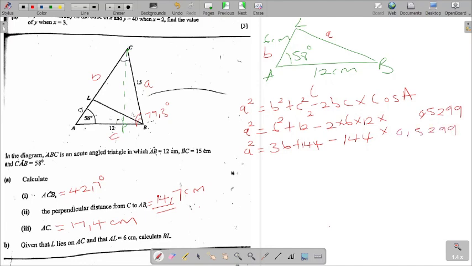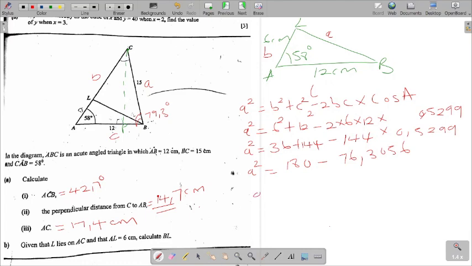We say a squared is equal to 36 plus 144 is 180, minus 144 times 0.5299, which is 76.3056.